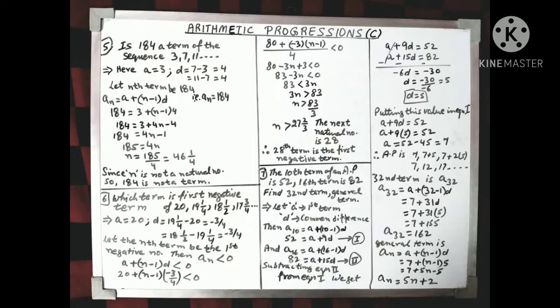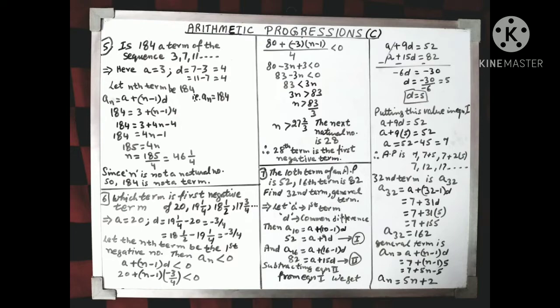80 plus minus 3 into n minus 1 divided by 4 is less than 0. So next step we have 80 plus 3 minus 3n is less than 0. That is 83 minus 3n is less than 0. That is 83 is less than 3n, which means 3n is greater than 83.